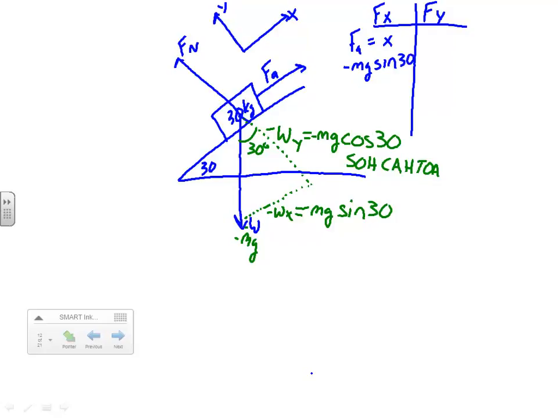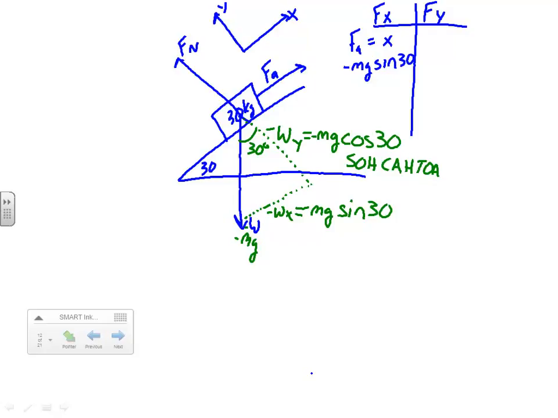I'm going to make life really simple for you guys. If there is no friction and the block is not bouncing up and down on the ramp, you can ignore the y direction. I'm going to say this one more time. If there is no friction and the block is not bouncing up and down on the ramp, you can ignore the y direction, as long as there is no acceleration.